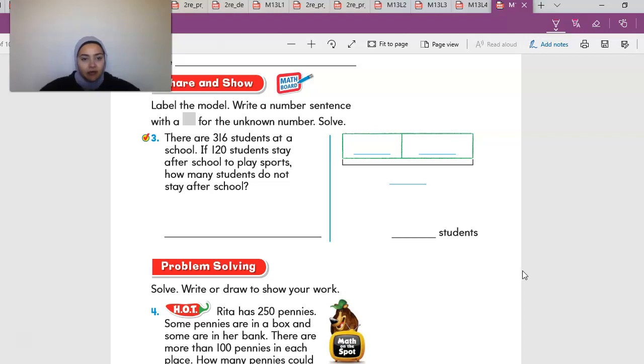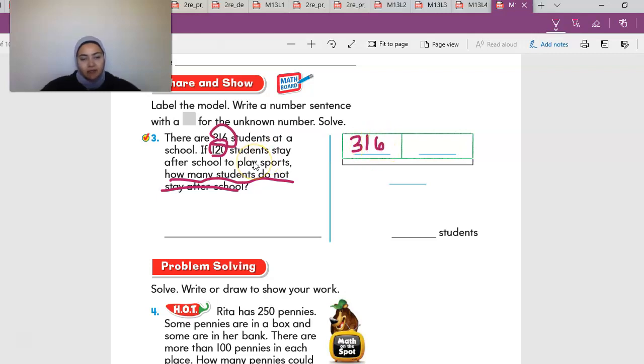Label the model, write a number sentence with an empty box for the unknown number, and then we're going to solve. The question is, there are 316 students at school. If 120 students stay after school to play sports, how many students do not stay after school? So there are 316 students at school, right?